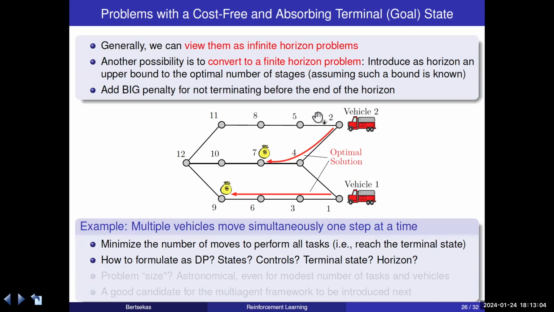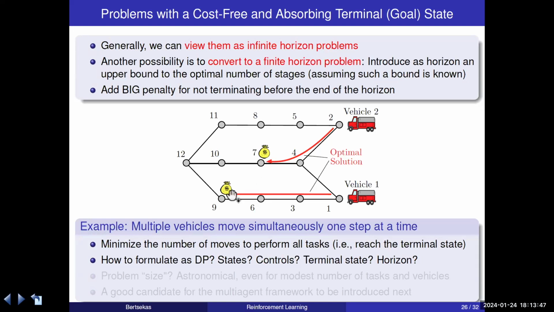The number of nodes in the graph? It's not the number of nodes in the graph. It's an estimate on the number of steps that you need optimally to do all the tasks. So here you can look at this graph, the optimal solution marked in red here, in 3 steps.